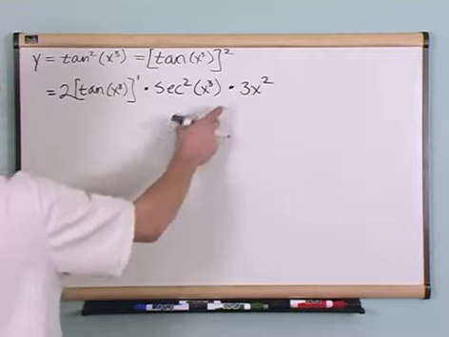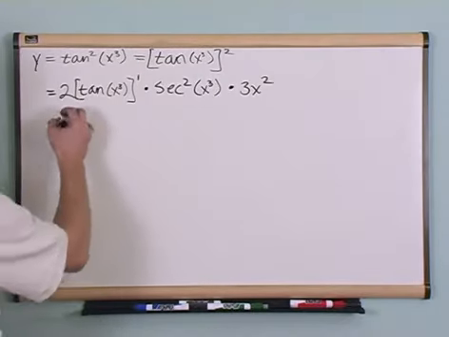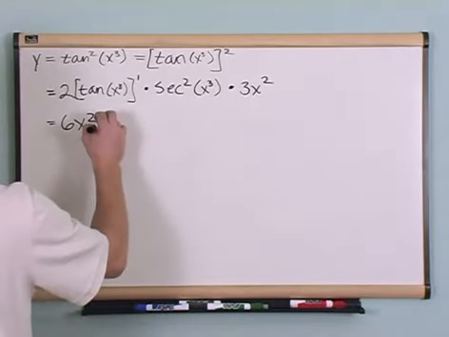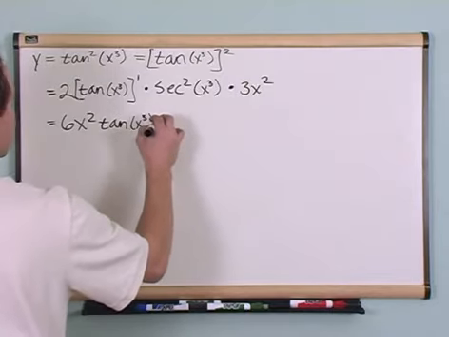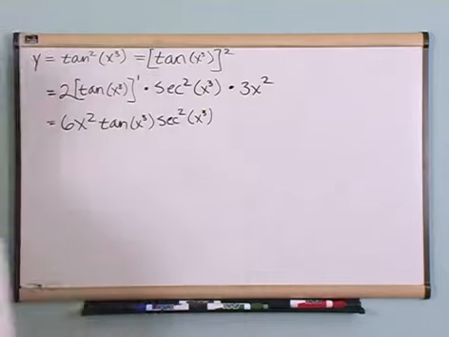You leave the inside alone, and the derivative of the inside gives you that. So in the end, you're going to have 6x squared, this times this, times tangent of x to the third power times secant squared of x to the third power. And that's going to get you there.